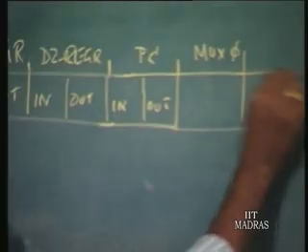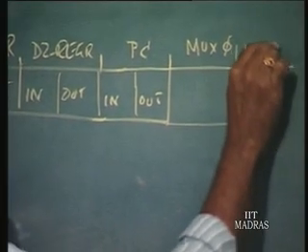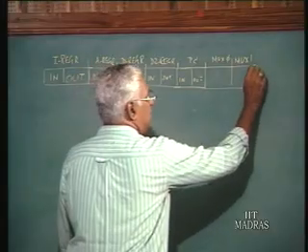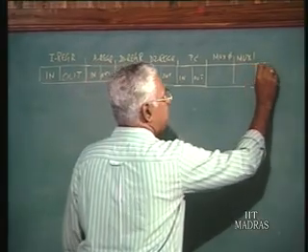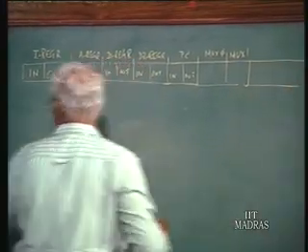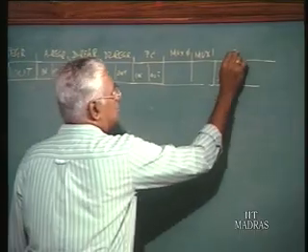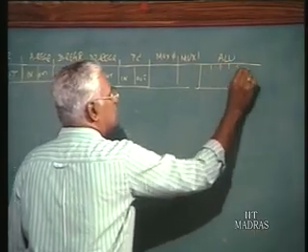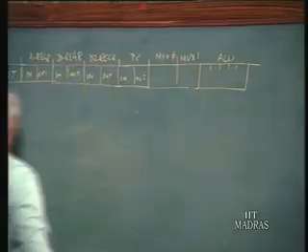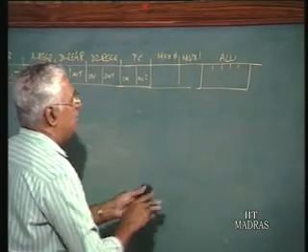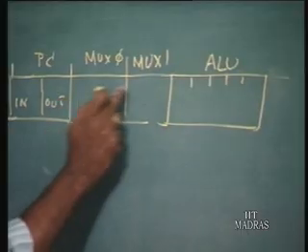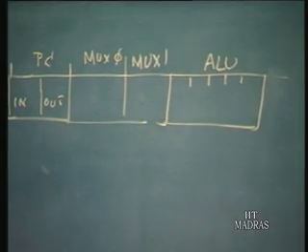Then we have mux 1. Then we have the ALU, which has a 5-bit code. So this is only one bit here, and then a 5-bit code.